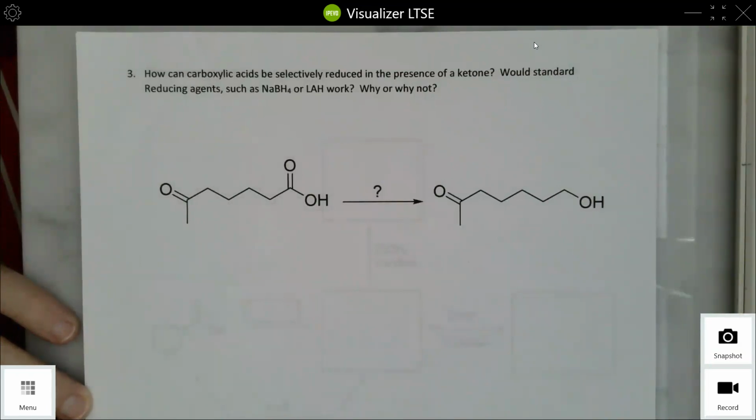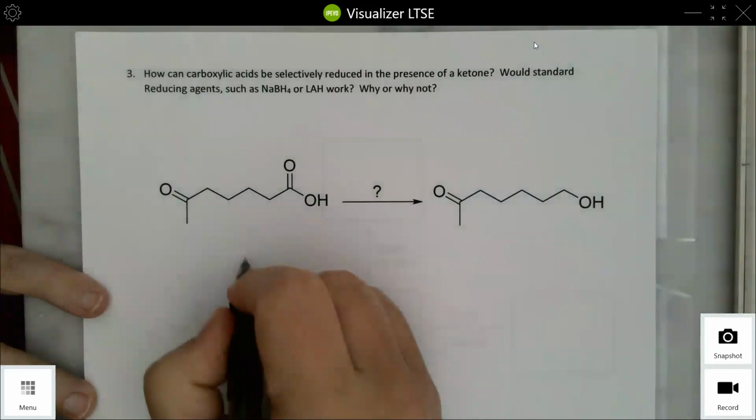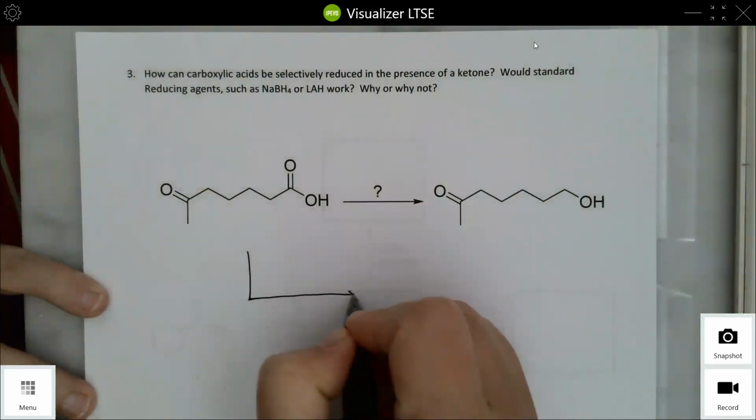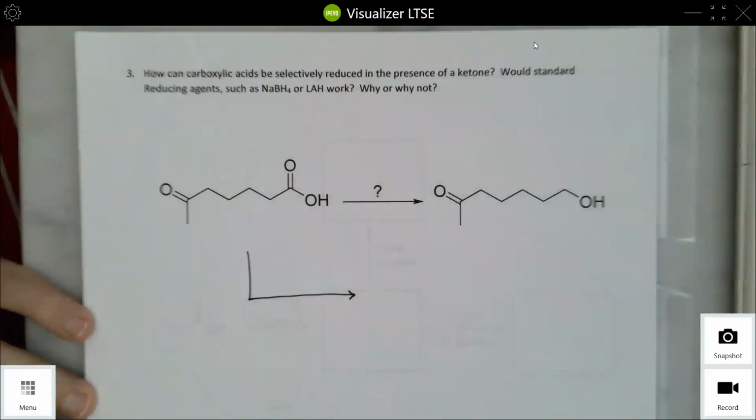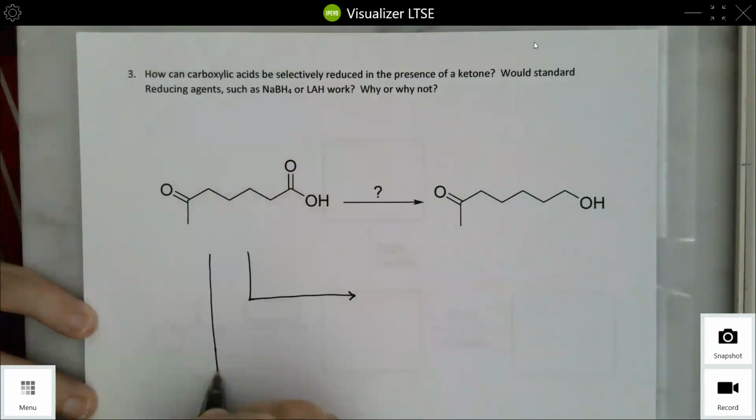If we were to use either sodium borohydride or lithium aluminum hydride, we would actually not get the desired product. So let's look and see what we would get.